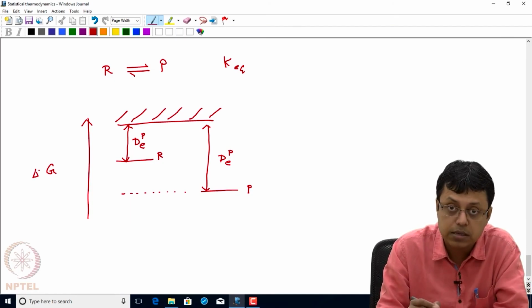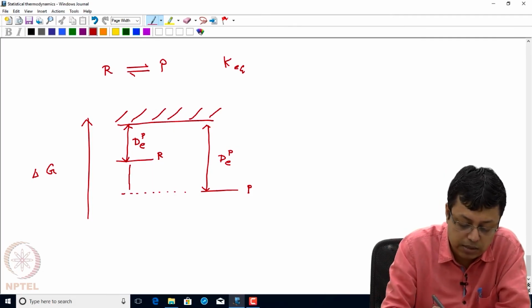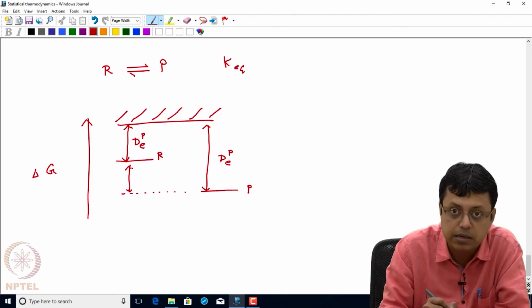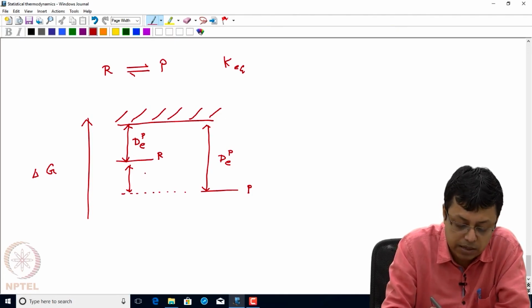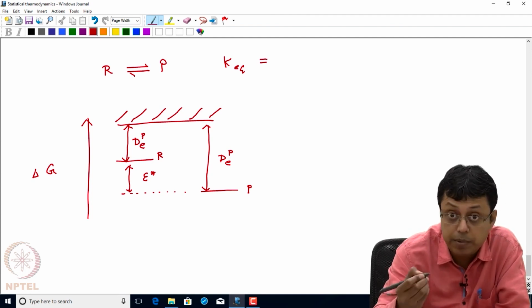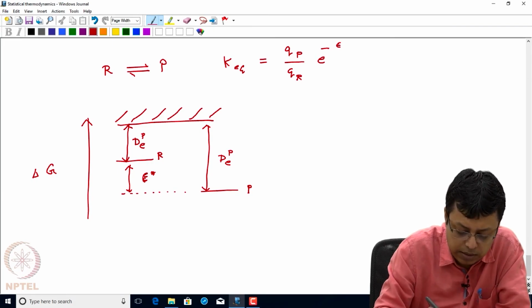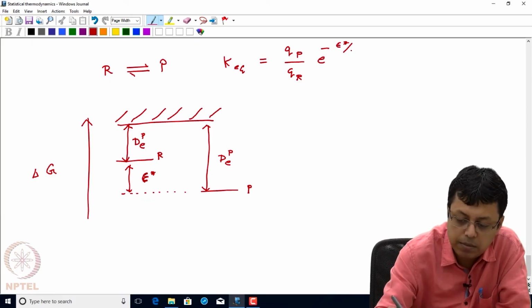and you can show, going from reactant to product, if I write the equilibrium constant in terms of the reaction quotients which are related to the Gibbs free energy change, then finally if this energy difference, the Gibbs free energy difference, we write as say epsilon star, then we can write the equilibrium constant in terms of the partition functions of the product divided by the reactant times e to the power minus epsilon star by kBT.